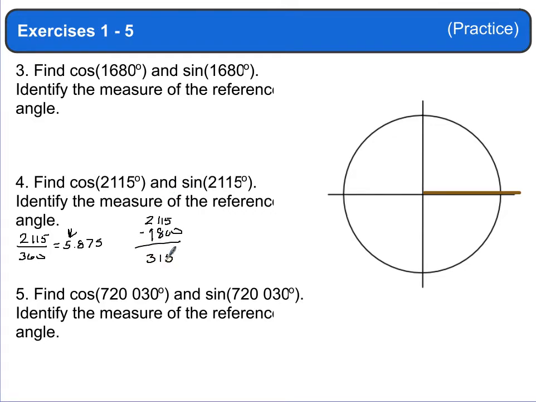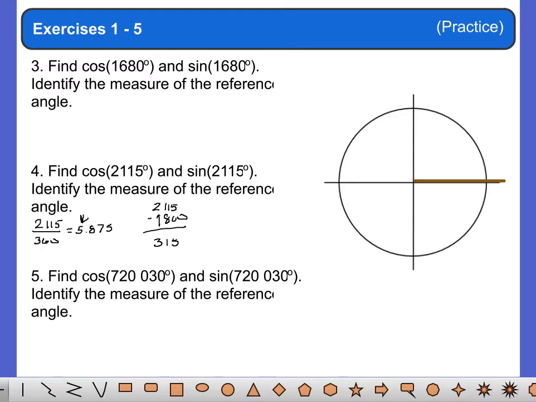See, 315 degrees is below 360. So what does that mean? That means ultimately, and I'm not going to show all the rotations, we took this and we rotated it around 5 times. Now, after 5 rotations, we're looking for 315. 90, 180, 270, right? 315 would be right in the middle.